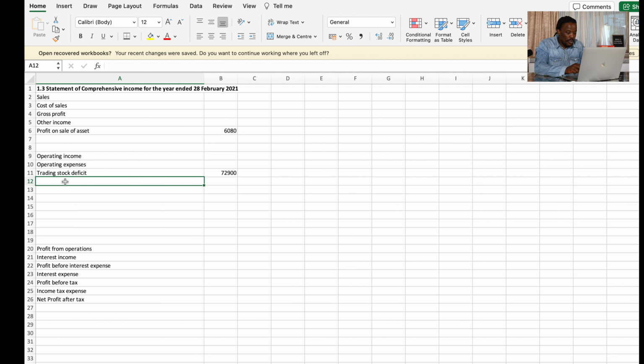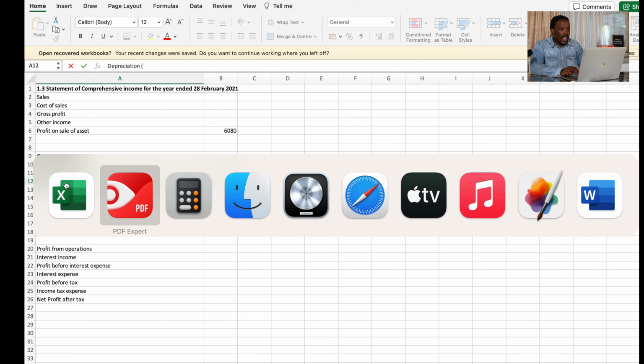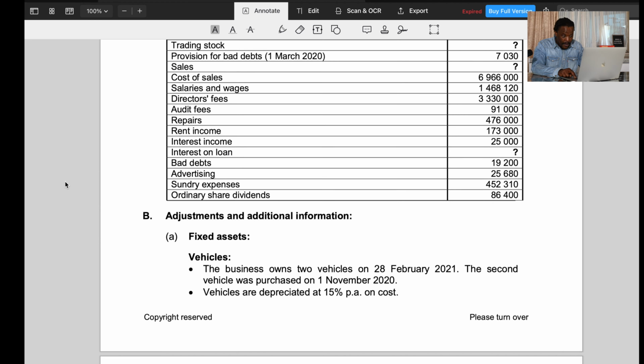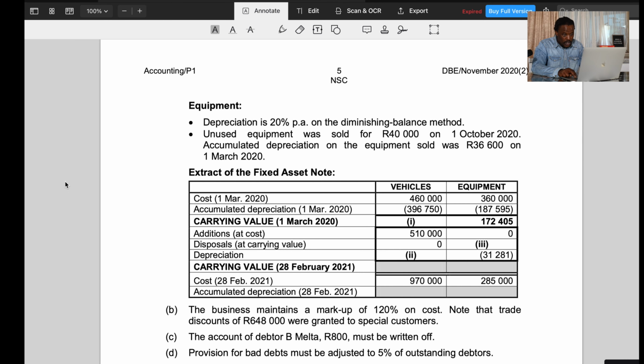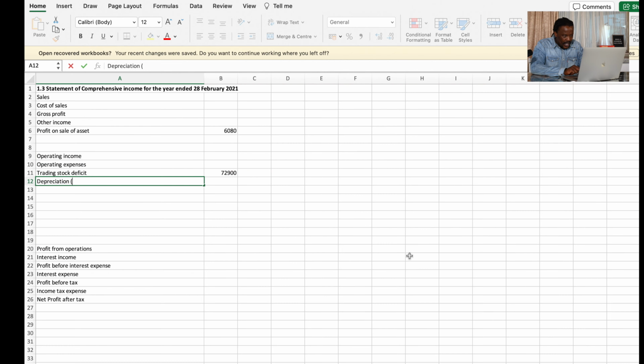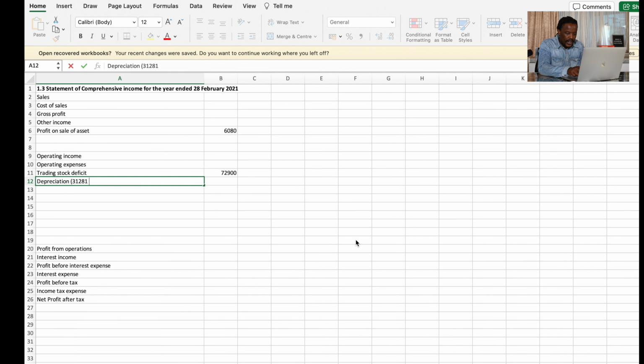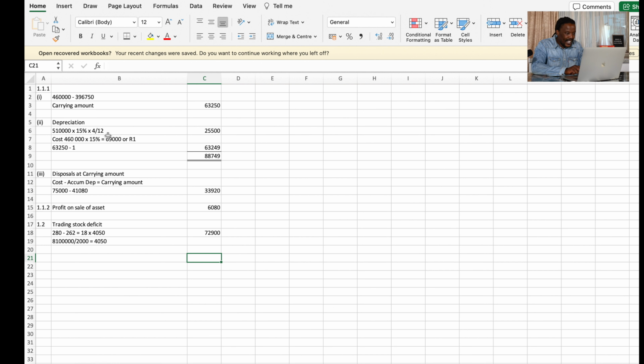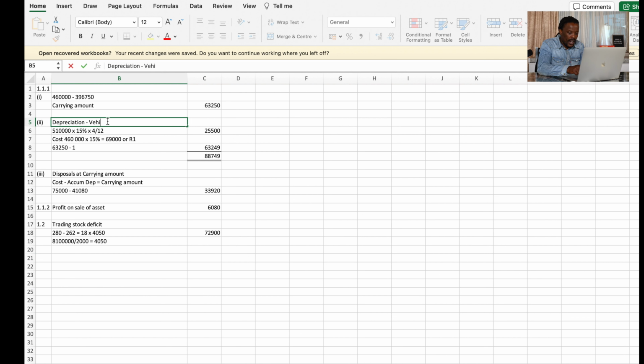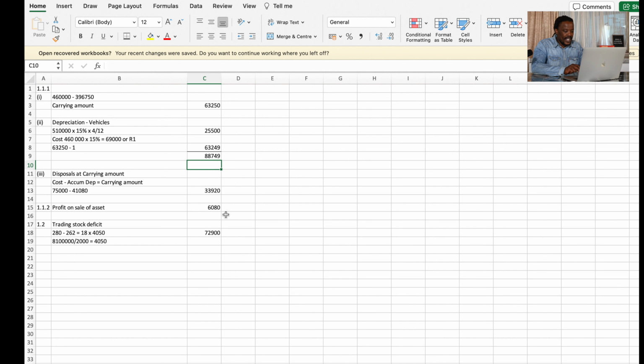And the last one that you got was depreciation. For the depreciation, you look at what was given in the notes to the fixed assets. Depreciation on equipment was already given, 31,281. And then we have depreciation on vehicles that you and I already calculated, which was 88,749.